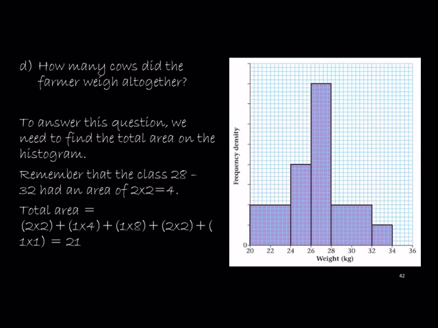So that tells us that our total area is, we have 2 times 2 here, plus 1 times 4, plus 1 times 8, plus 2 times 2, plus 1 times 1. And add that up and we get a total area of 21.